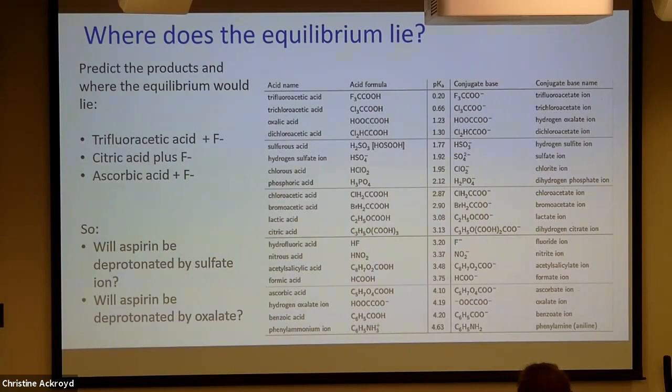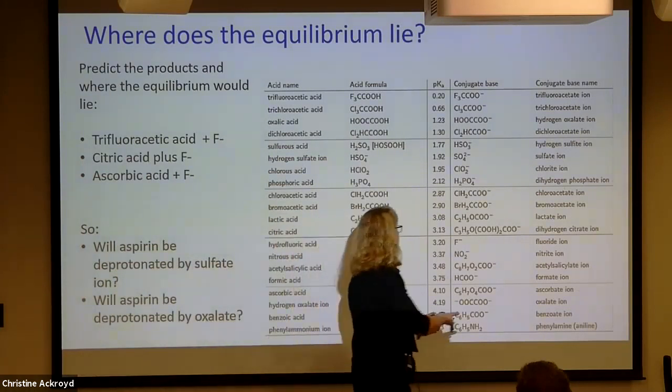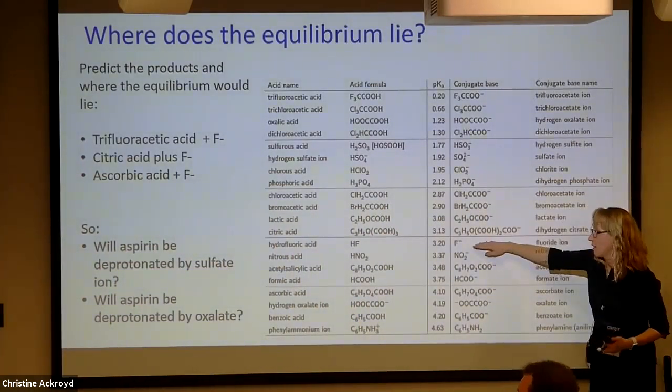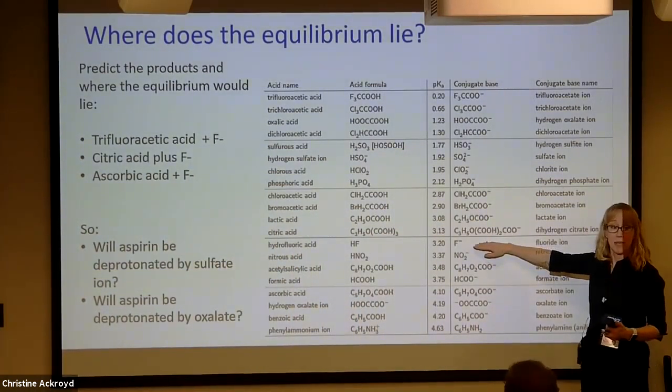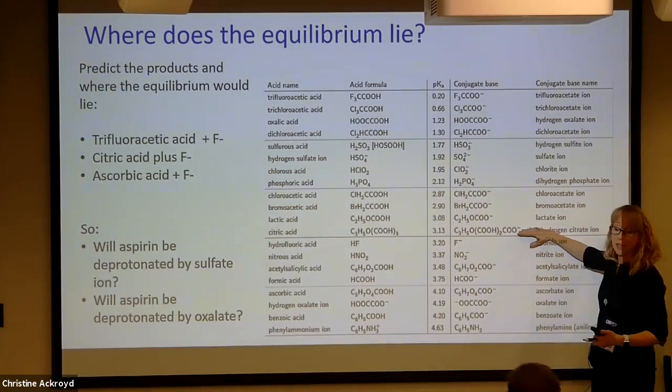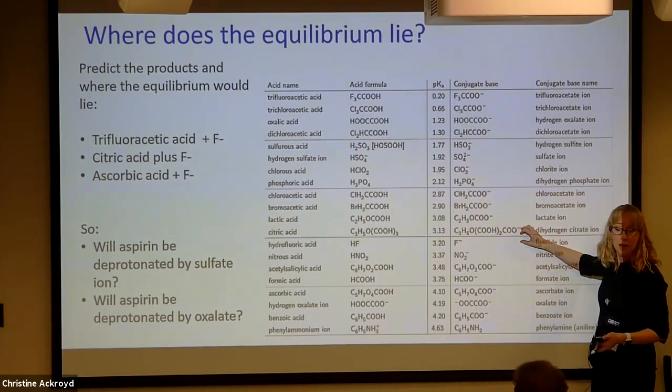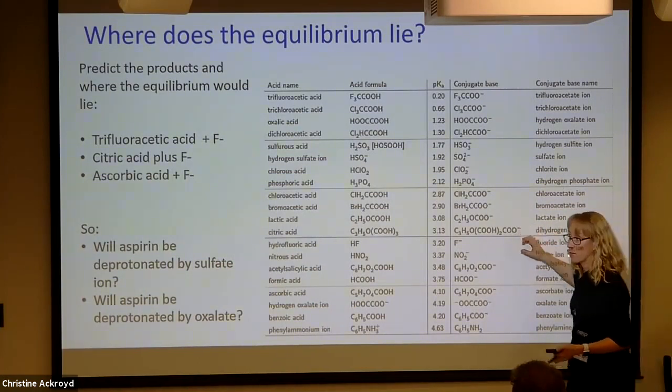Hydrofluoric acid, what pKa is it? Now we can say when the base is lower on the table than the conjugate base, then equilibrium lies to the right. Our base here is fluoride. Our conjugate base is citrate up here. Our base is stronger than our conjugate base. Which way does equilibrium lie? To the side of product.